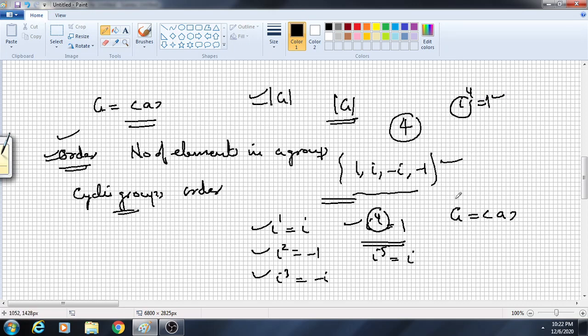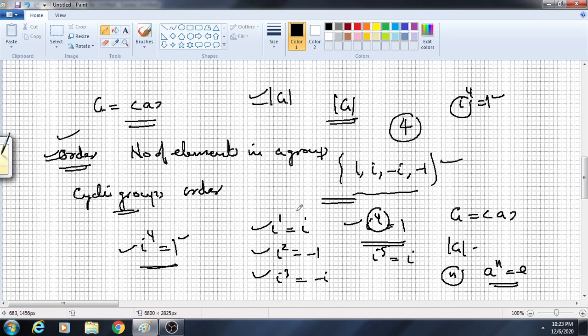I am going to give another characterization of cyclic groups. In a cyclic group, the order of the group is nothing but the smallest integer n such that a raised to n is equal to e. Just as in this case I got i raised to 4 is equal to 1, where the generator was i and the identity was 1.